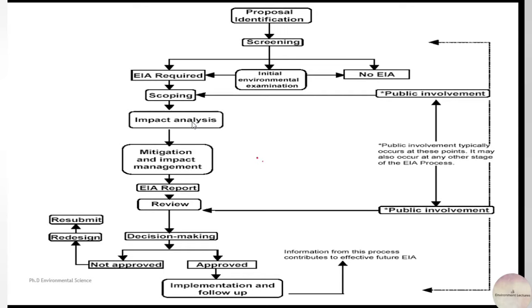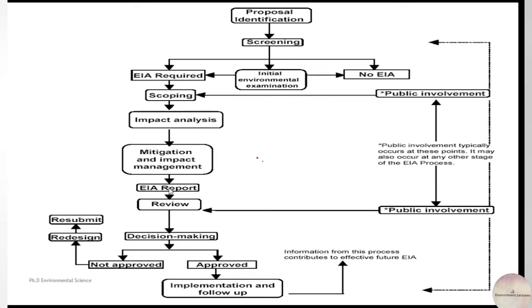Then is your impact analysis. Detailed analysis of the potential environmental impacts of the projects is carried out. Then mitigation and impact management. Now various measures which will be taken in order to mitigate the negative impacts and manage the environmental effects are developed. Then is your EIA report.